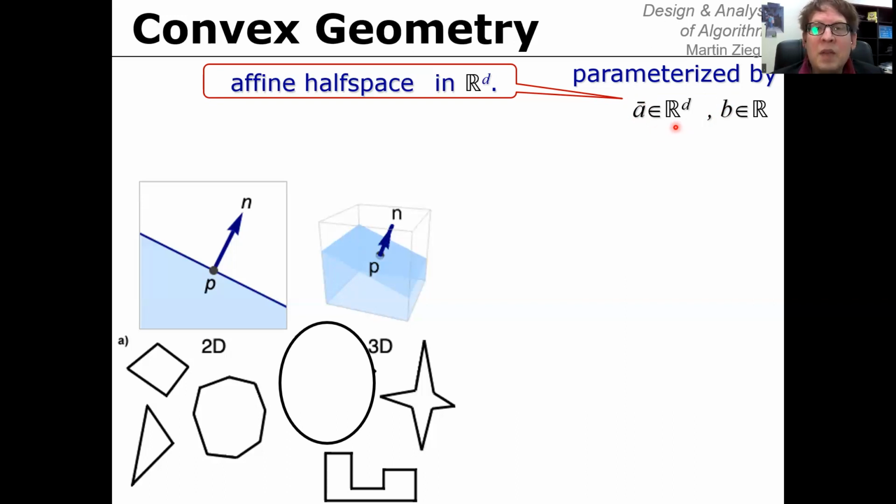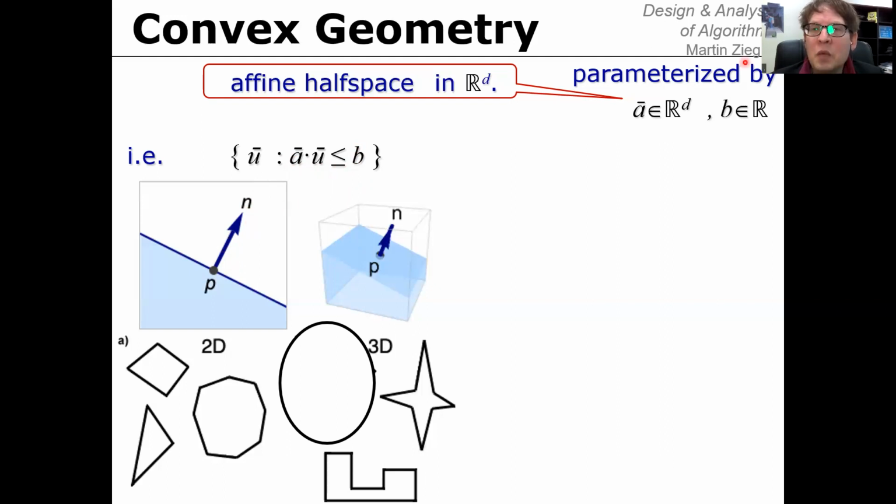And then the affine half space is the set of all points u, in vector notation, whose inner product with that orthogonal vector A is less or equal to B. All points that are closer than B to the origin in the direction of A. That's the intuition. You probably know all this, but just a reminder from maybe discrete mathematics.